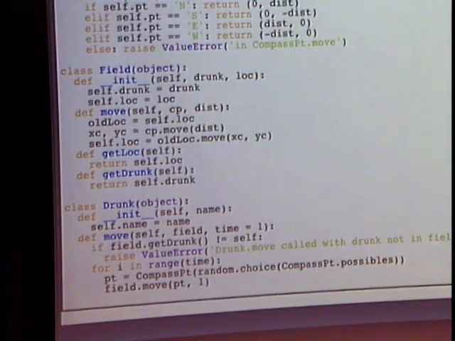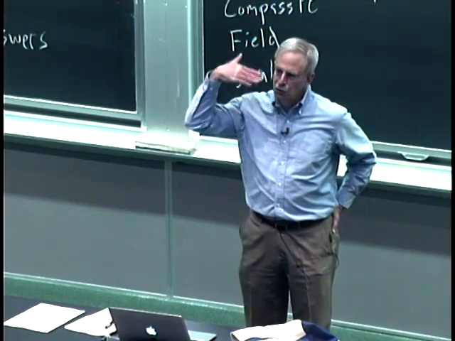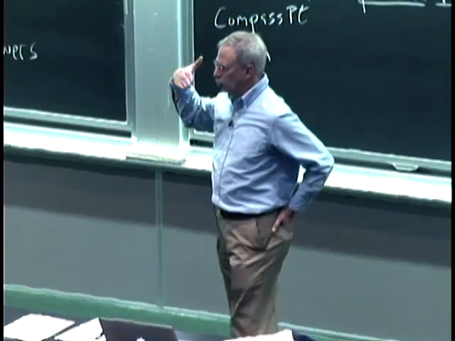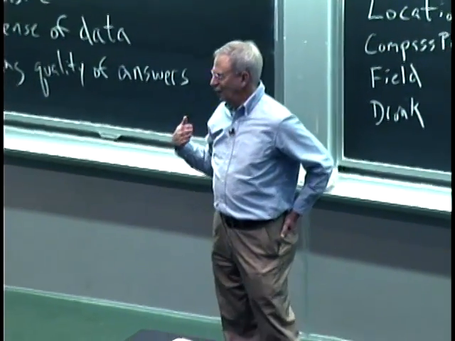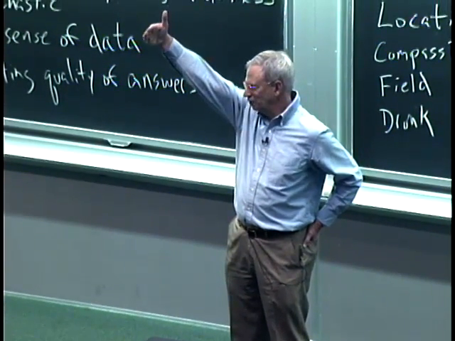Where is it going to find cp.move? It's going to use compass point.move because, as we'll see, cp is an object of type, of class compass point. So this is a normal and typical way we structure things with classes, that the move of one class is defined using the move of another class.